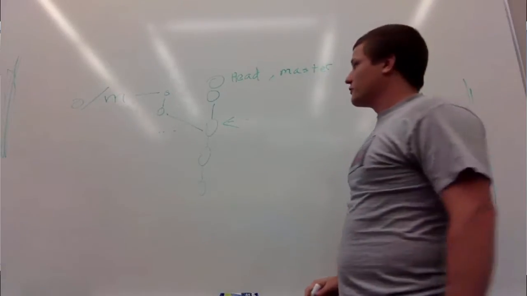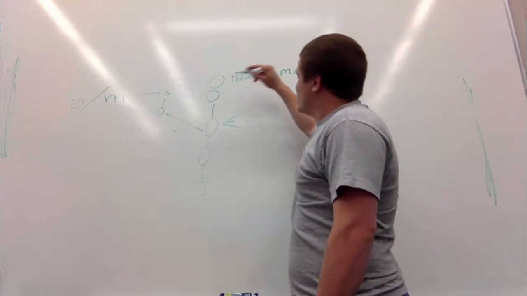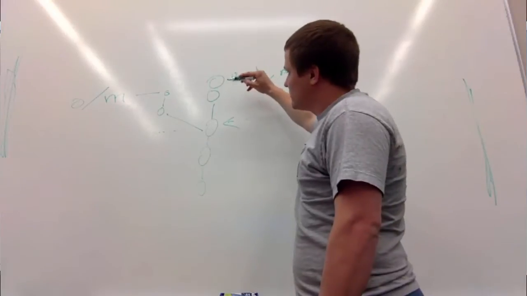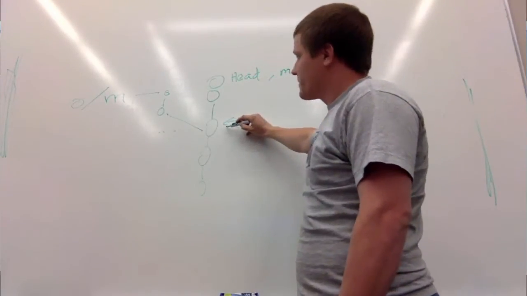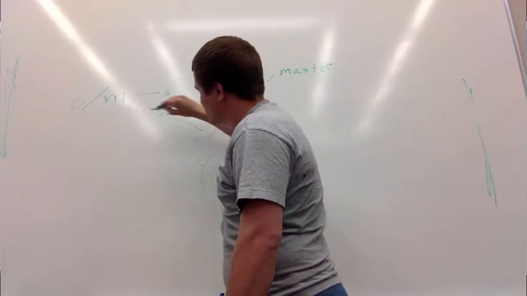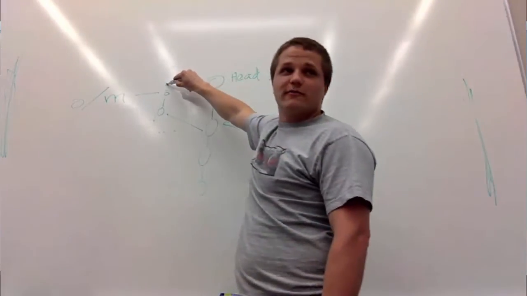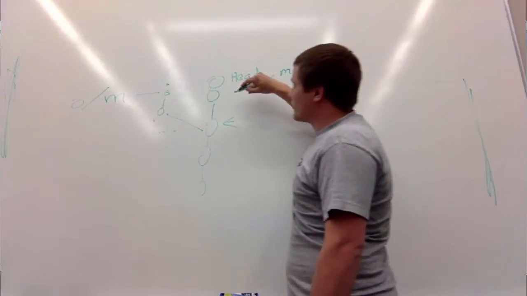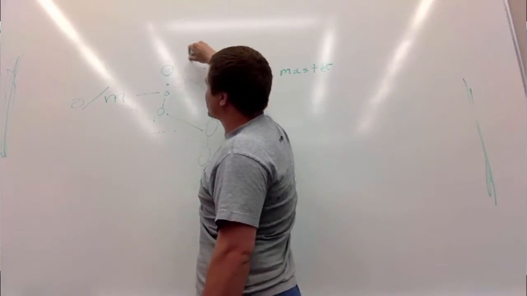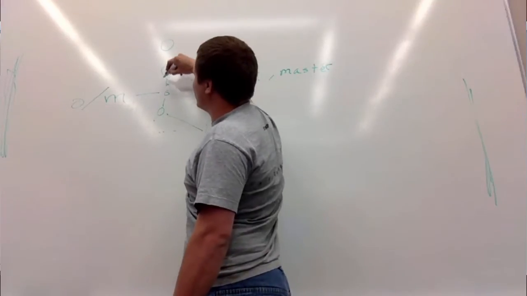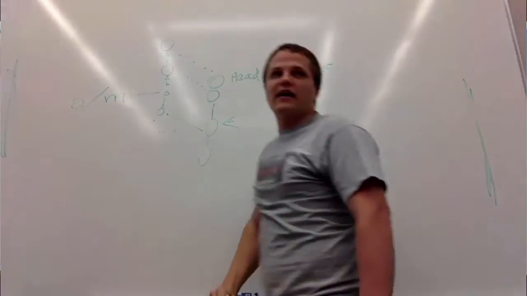What does rebasing do? What it does is it first rewinds head to here, fast forwards to origin master, and then it replays your commits on top of it once it reaches that new state, as if you made them at that time.